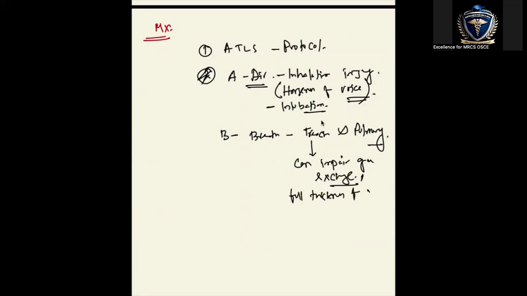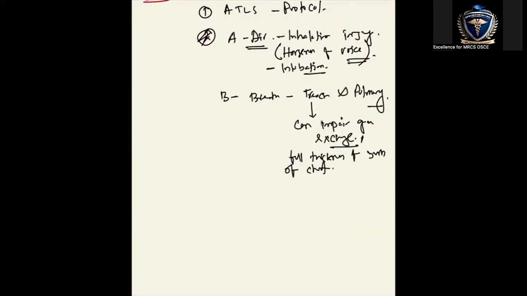As the chest has been burned in full thickness, there will be loss of elasticity, so the lungs cannot be inflated and the chest movement will be decreased. That's why our intervention is escharotomy.